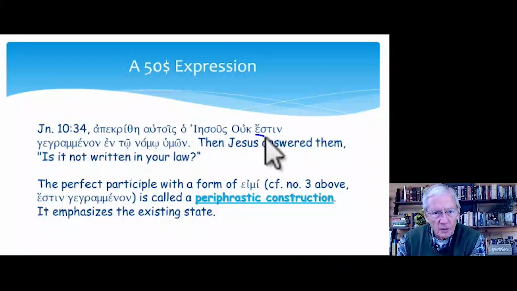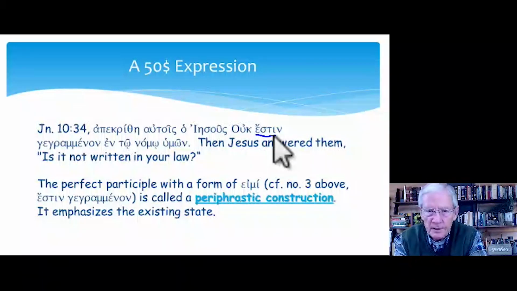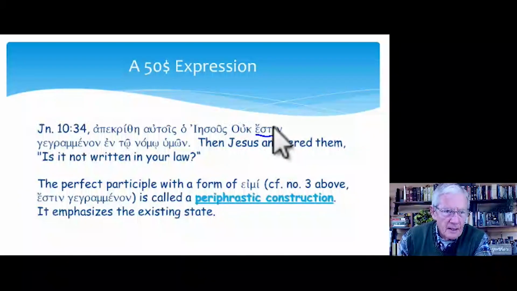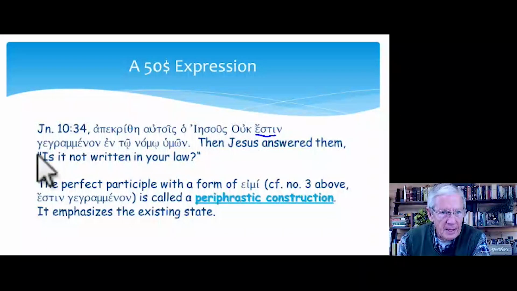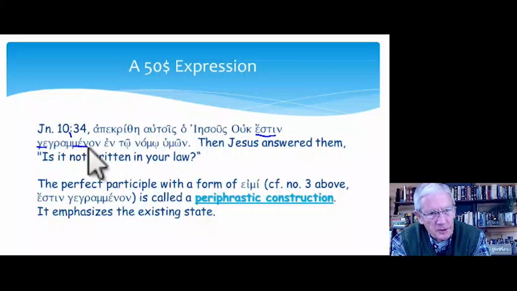Now, notice here we have estin, he, she, or it is. Now, we see gegrammenon. We have a reduplication on the front, we have a loss of a helping vowel, and we have men here. So this is a perfect middle passive participle, and this is neuter singular nominative.